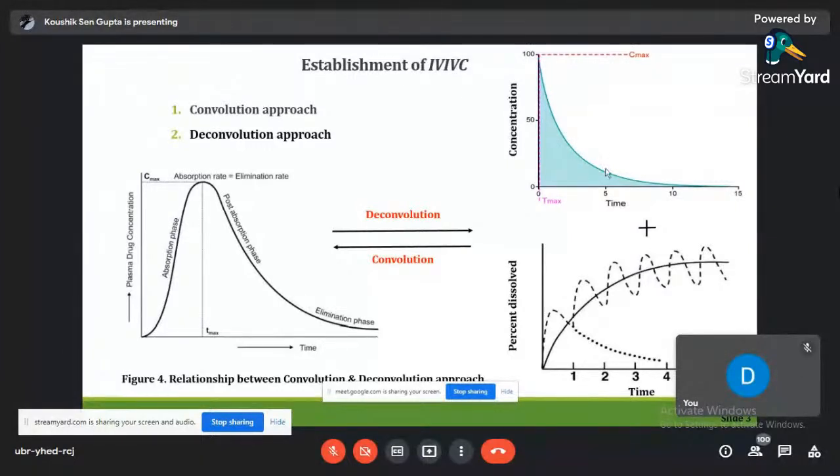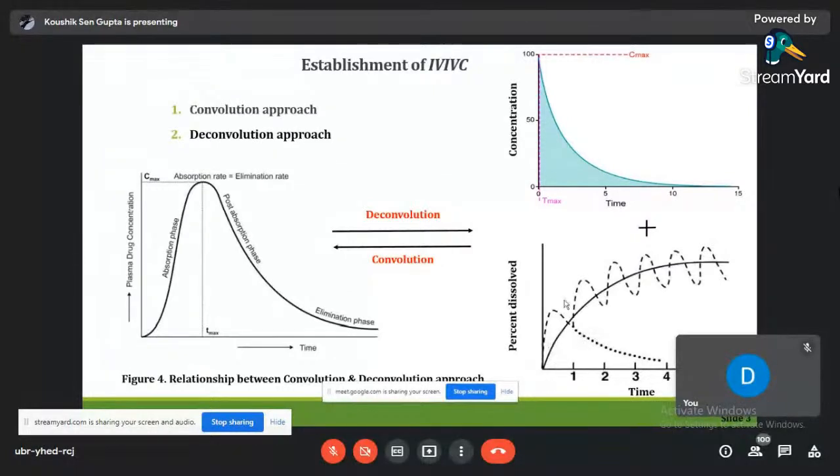On the right hand side, two graphs are there. The above graph shows the elimination phase completely. You see Cmax here, and from there it is gradually decreasing. This indicates the elimination phase only. In the lower graph, two types of indication are there.